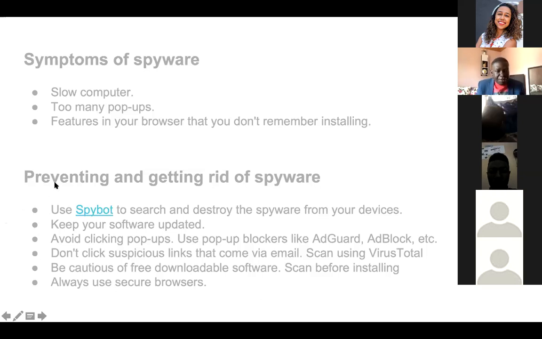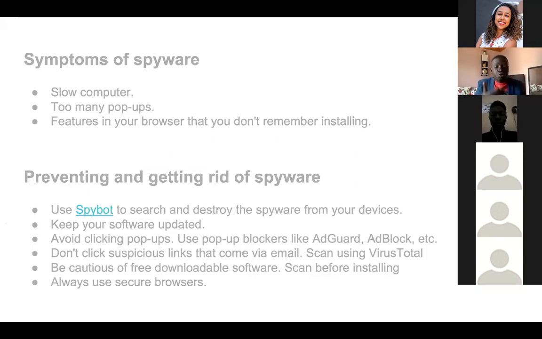Now, how can we prevent or how can we get rid of spyware? It is often very hard because if a spyware has the ability to install itself without being detected by your usual antivirus program, then that means even removing it will need some effort.